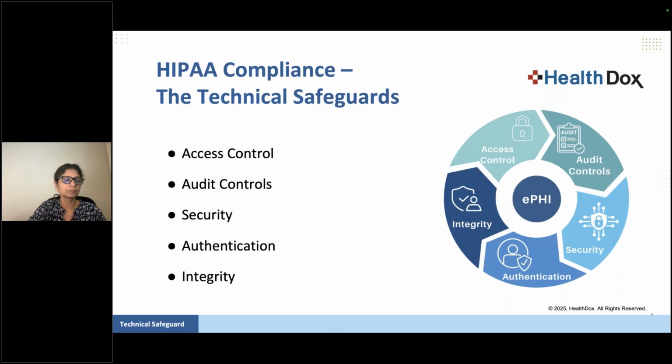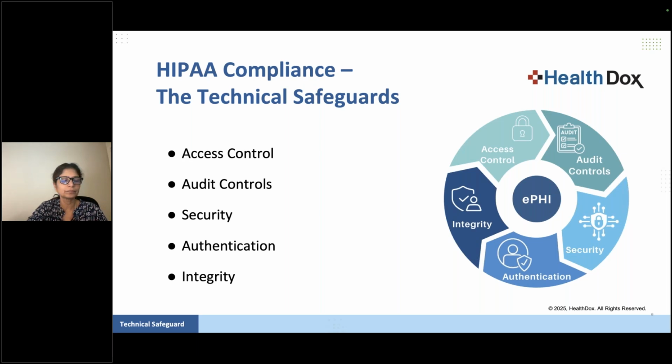When we talk about HIPAA technical safeguards, we are referring to the technology measures which directly protect the EPHI. I'm pretty sure all of you know what EPHI is. It is nothing but electronic protected health information, and that has to be safeguarded.